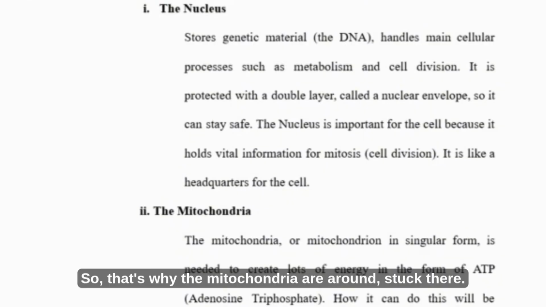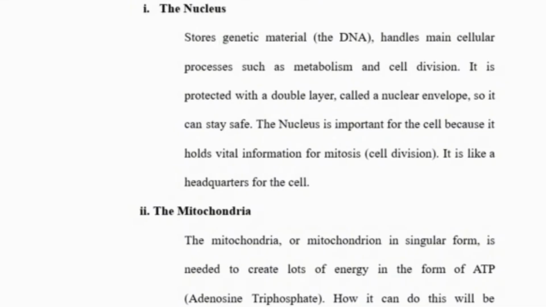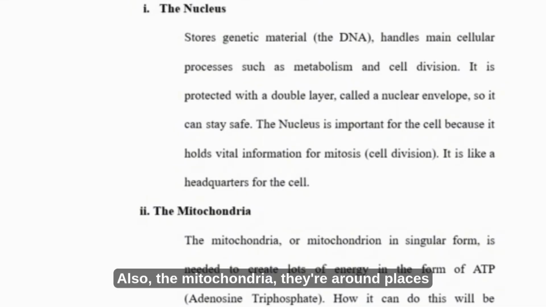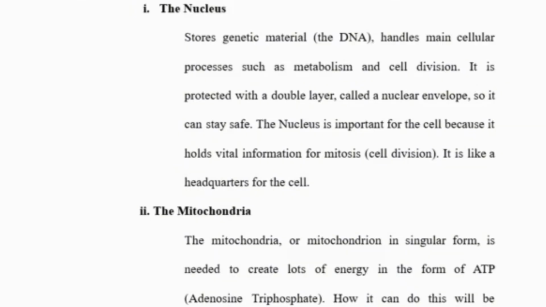So that's why the mitochondria are stuck there. Also, the mitochondria are around places that need high amounts of energy, like for muscle cells, they're near the contractile apparatus to supply energy quickly to let the muscles contract.